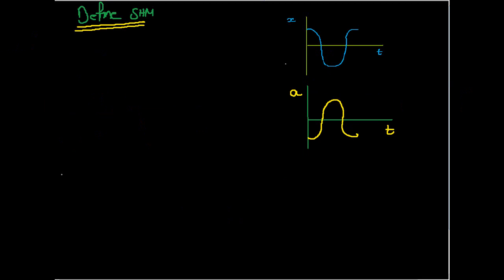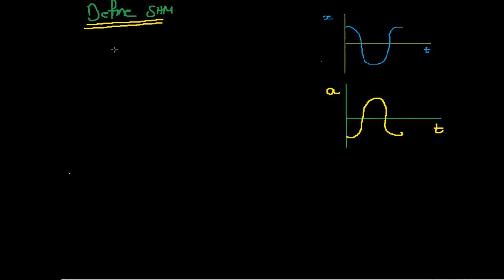Okay, now let's try and define simple harmonic motion. By looking at these graphs, we know that acceleration is proportional to displacement, and we can work out that acceleration is towards the equilibrium position. This is because we know that the velocity increases as it's going towards the equilibrium position, that means it's accelerating.